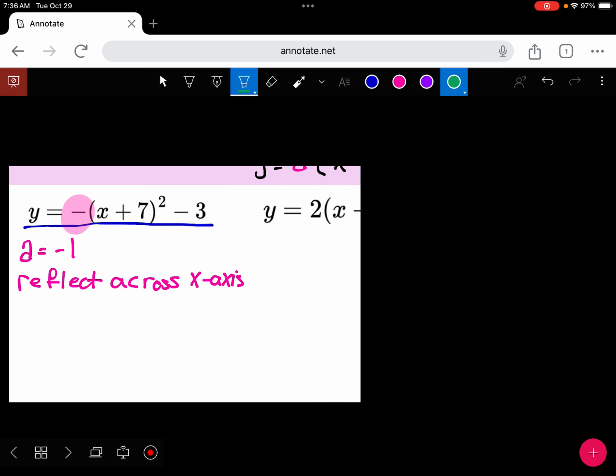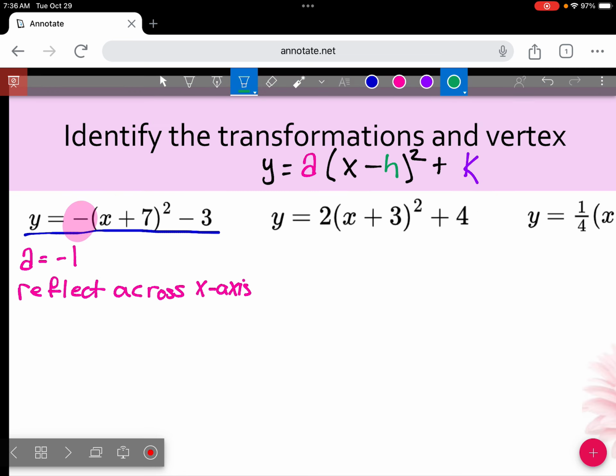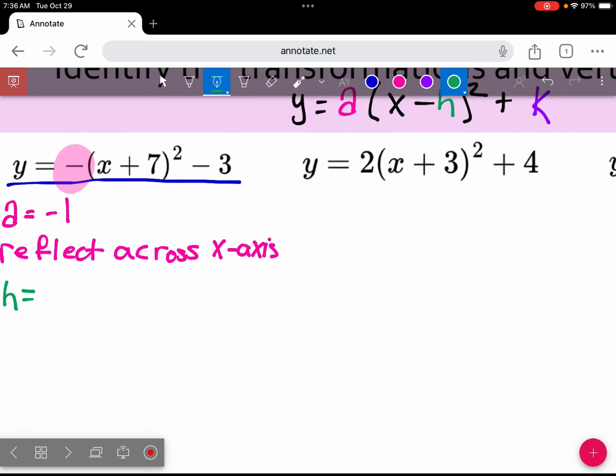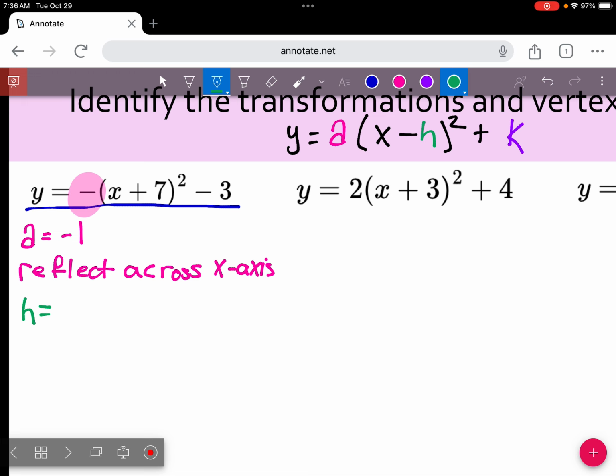All right, then let's look at our H. What is our H going to be? Careful, careful, careful. -7. It always has the opposite sign to this expression. So since that says x plus 7, H actually is -7.